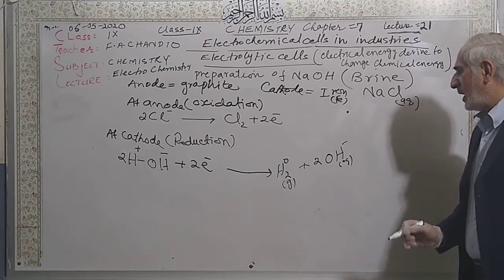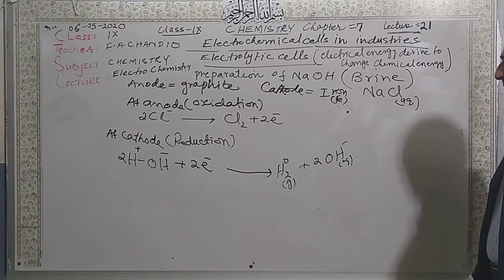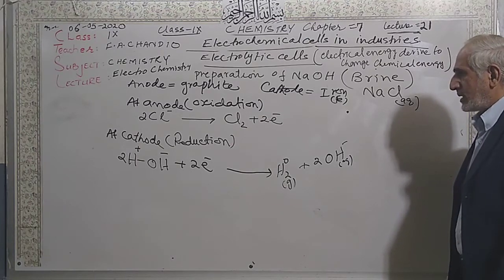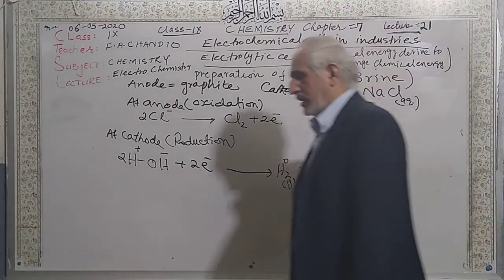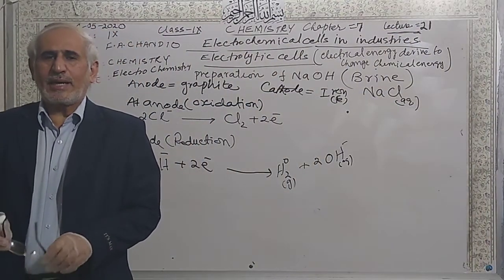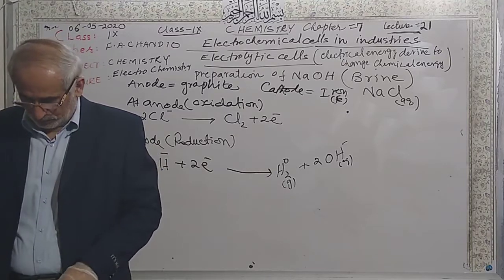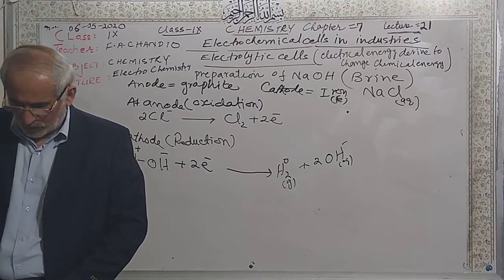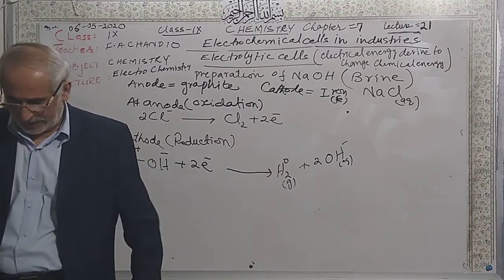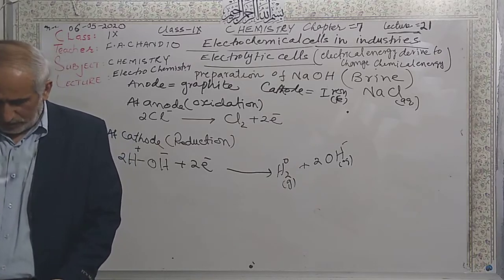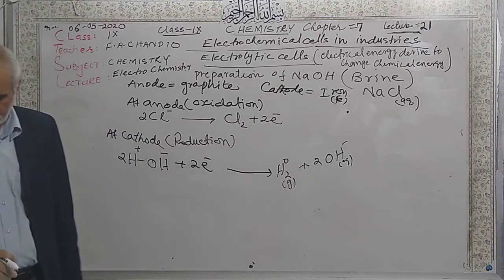There is no change in the hydroxyl ions. Hydrogen ion changes into hydrogen gas according to the electrochemical series. So sodium ion does not collect at the cathode. The reduction of water molecules produces hydroxyl ions and hydrogen gas. Thus the sodium becomes sodium hydroxide.